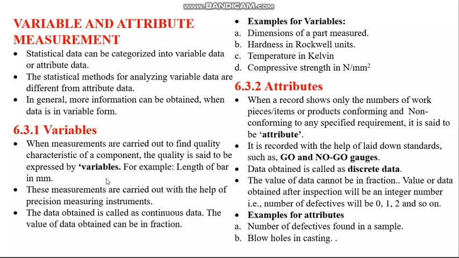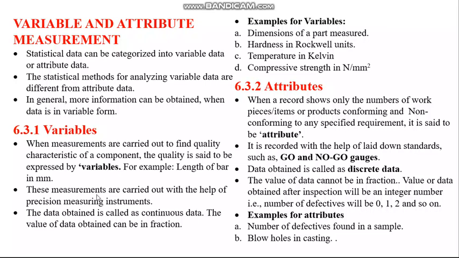This is a variable. When a measurement is carried out to find out the quality characteristic of the component, the quality is said to be expressed by variables. Length of the bar is a quality characteristic. With the help of some measuring instruments we measure, and the data that is generated here is the variable.